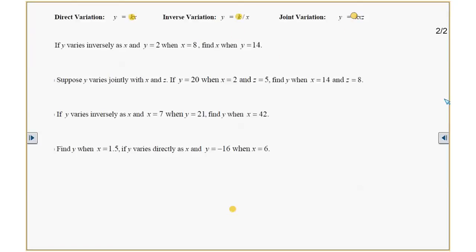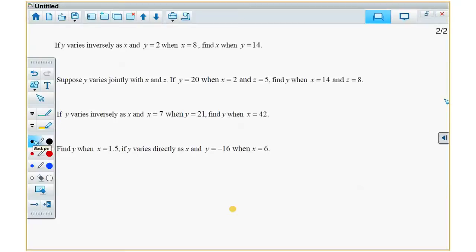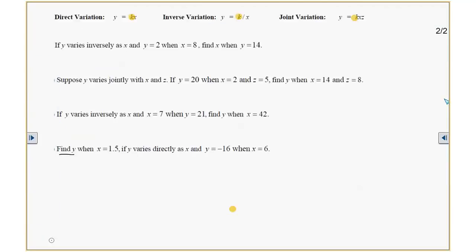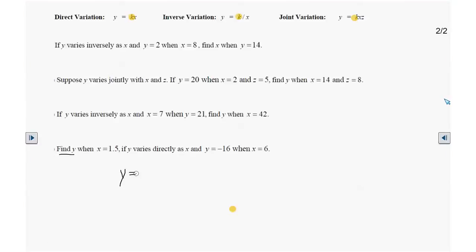Now, you're not going to use these too much with the Hooke's law, but you're going to use this one. So you might want to write down the direct variation. This problem right here says blah, blah, blah. Y varies directly as what?